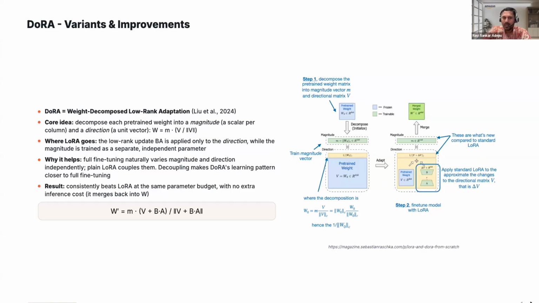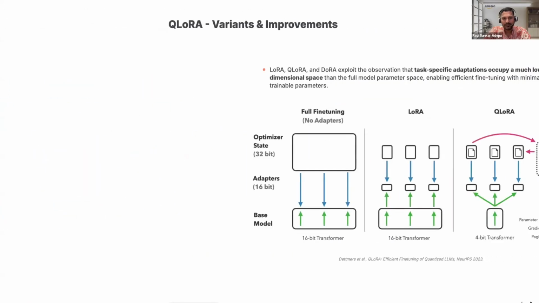That's just one magnitude value per column. The key takeaway is simple: a smarter parameterization, separating magnitude from direction, squeezes more quality out of the same low rank idea, at essentially the same cost.